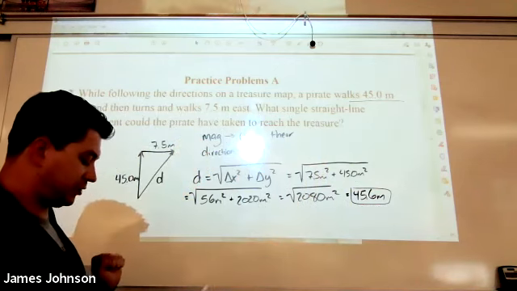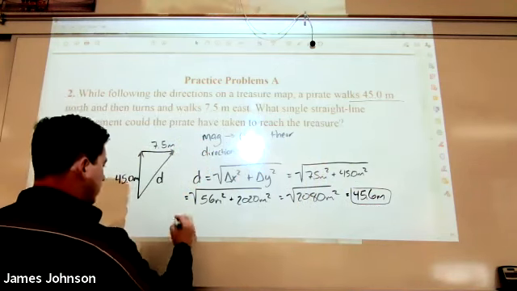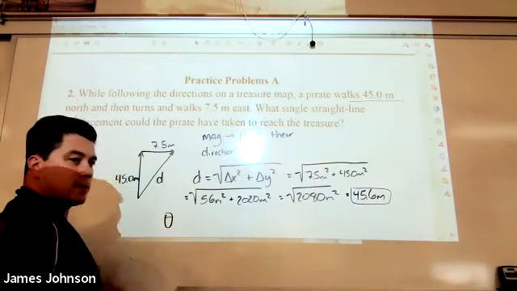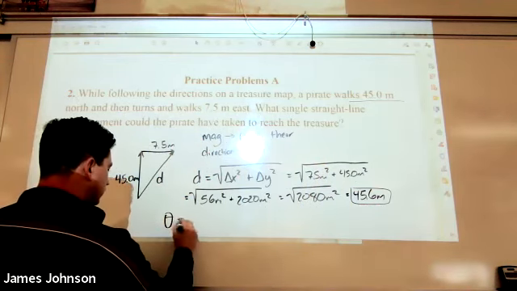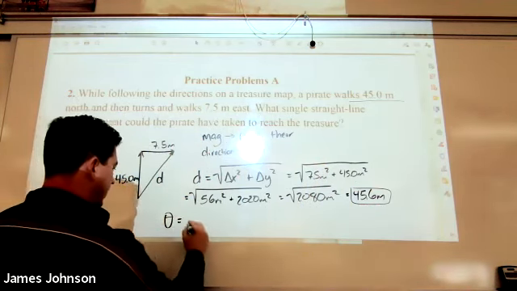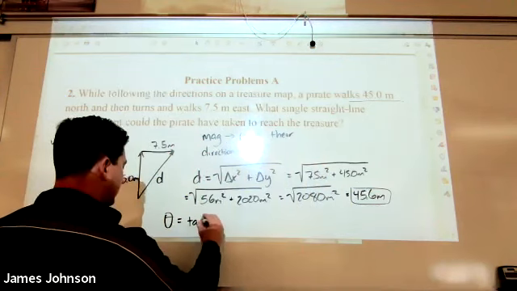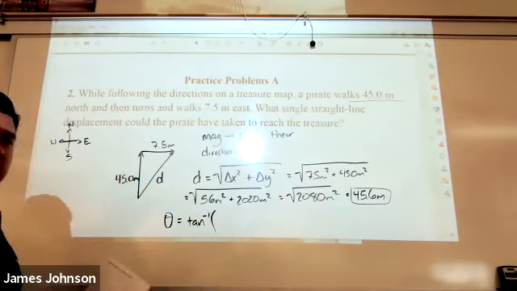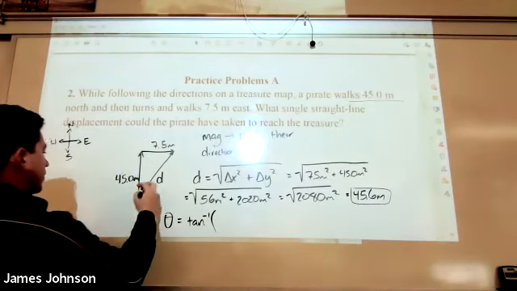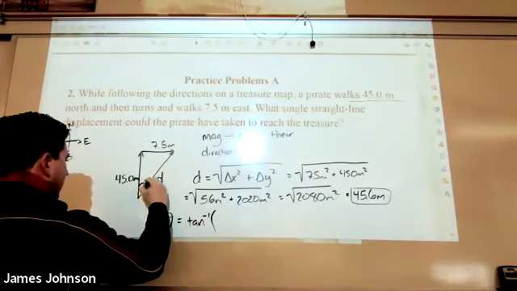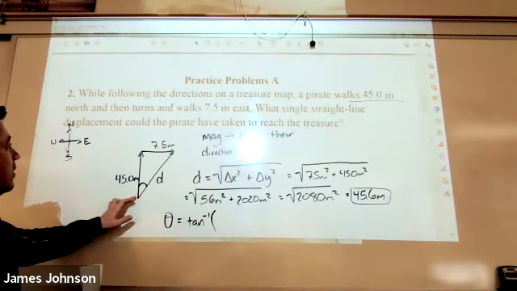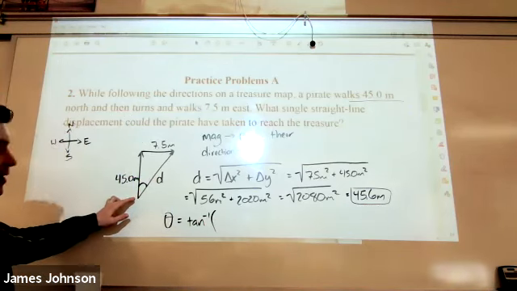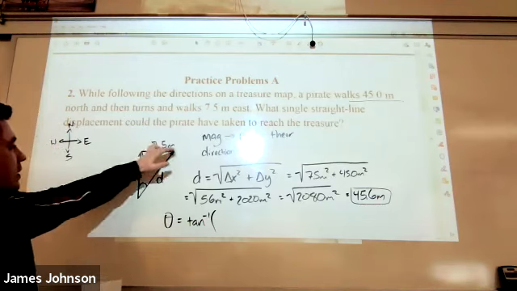I still have to do the direction. And so basically my angle, and I'll use theta to represent that, is going to be the arc tangent. Okay, again, tangent, opposite over adjacent. So this is the angle I am using. Because remember, the pirate walked north, then east.